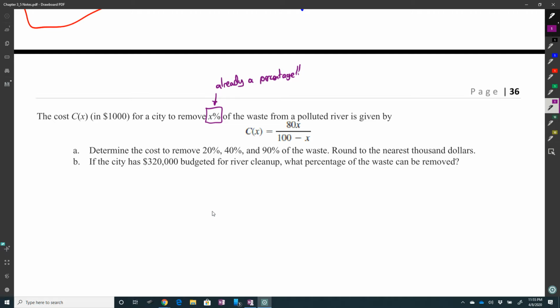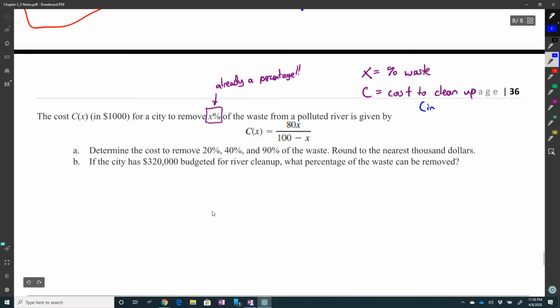Determine the cost to remove 20%, 40%, and 90% of the waste. So here, X is equal to percent waste, and C is equal to the cost to clean up. And this is going to be in thousands. All right. So for part A, what are they giving us?